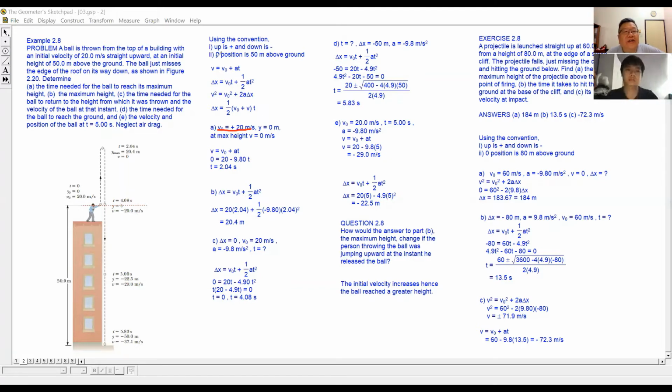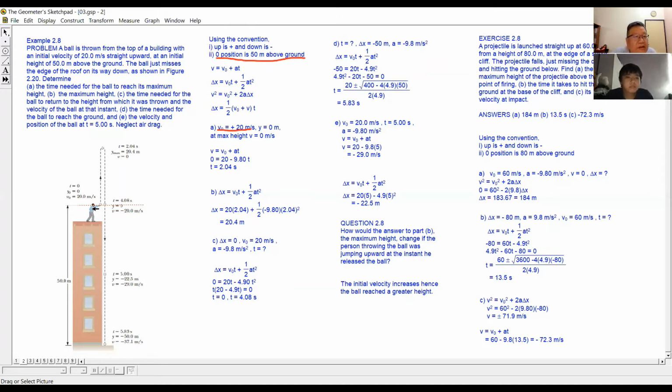Our zero position is 50 meters above the ground. If you look at this line here, this line is our zero position, and it is 50 meters above the ground.